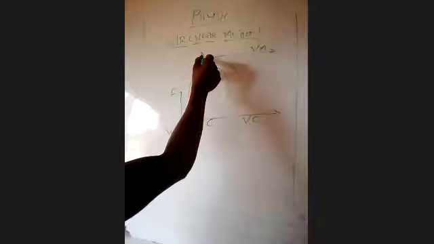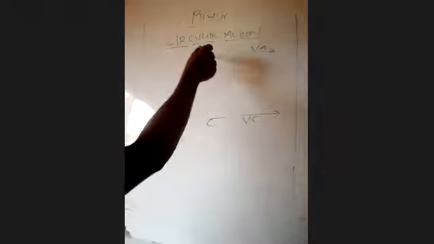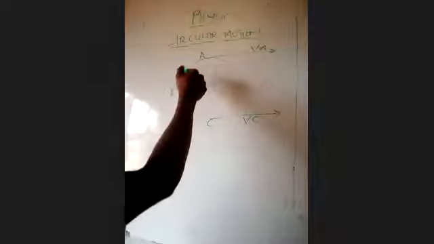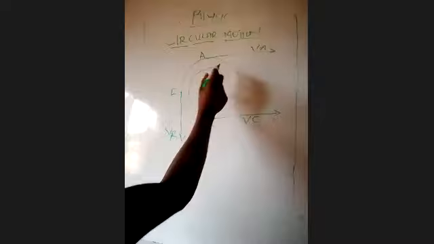The direction will keep on changing all the time as the stone keeps on moving, but the speed will remain the same. So what am I trying to explain? It implies that velocity changes as the stone moves around the circle. The velocity of the body will change, while the speed will remain constant.